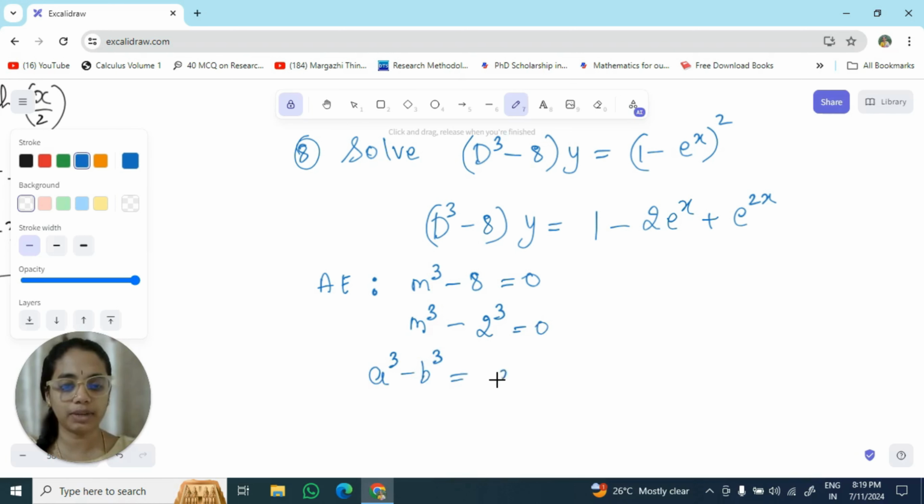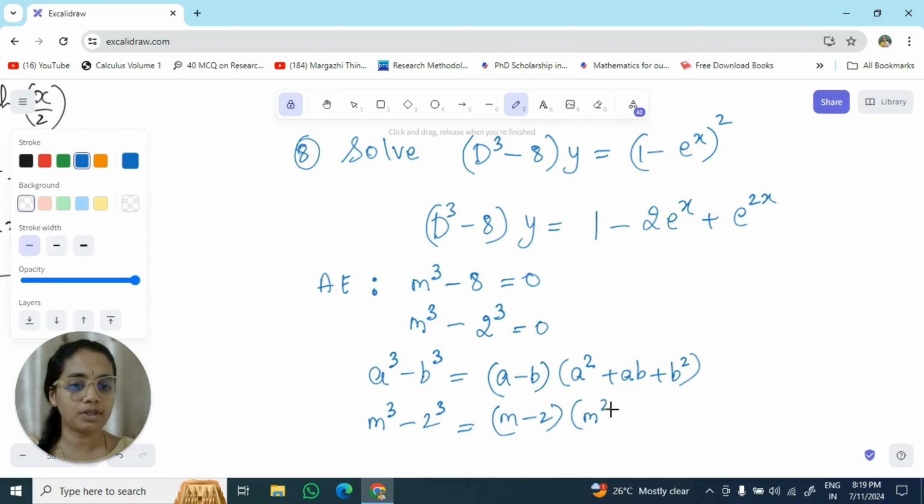A cube minus b cube is nothing but a minus b into a square plus ab plus b square. Agree. Now if we use that over here, m cube minus 2 cube would be m minus 2 into m square plus 2m plus 4.